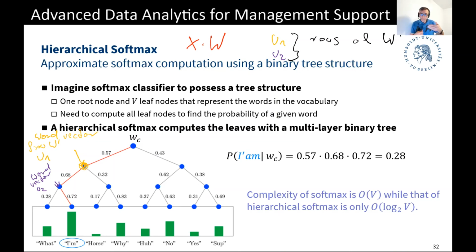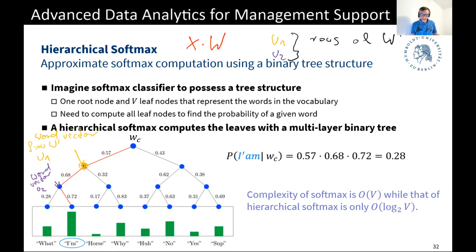And because we only decompose the probability further once we go down the path, the total probability still remains equal to 1. I think this is also clear when you look at the way in which we compute the conditional probability of PIM given our input word WC, because we calculate that as a product of all the probabilities we find on the path.